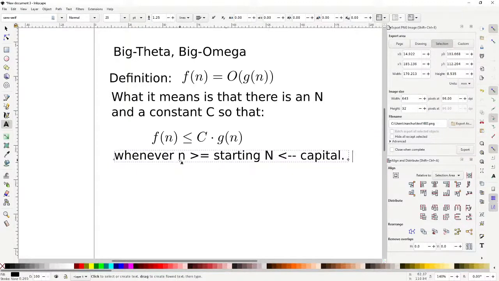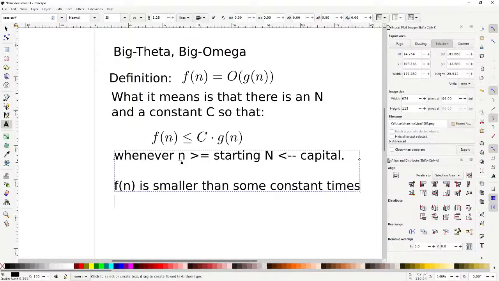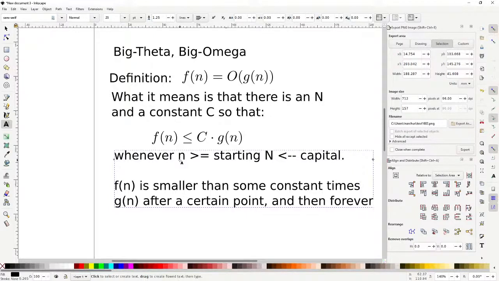So basically the way to say this in English is that f of n is smaller than some constant times g of n after a certain point, and then forever after that.